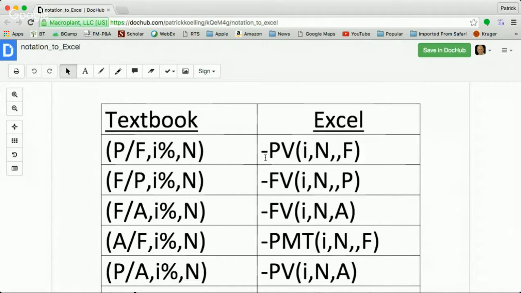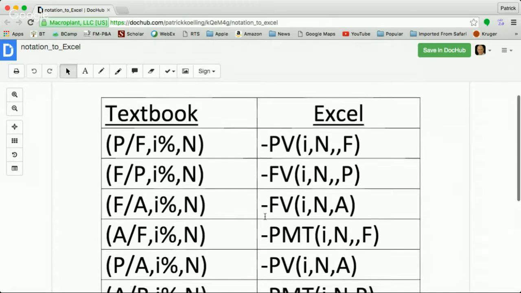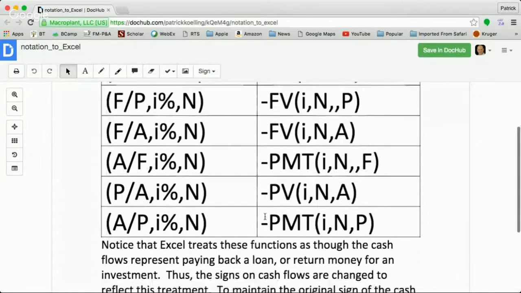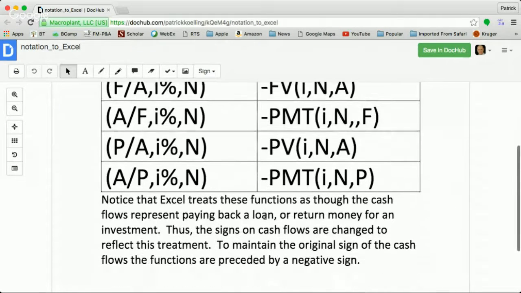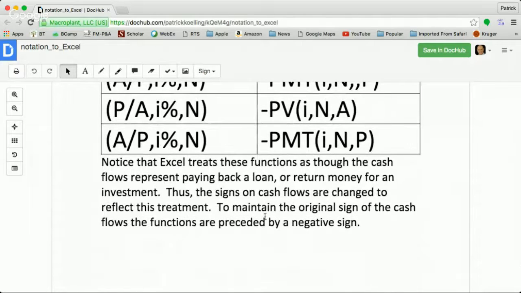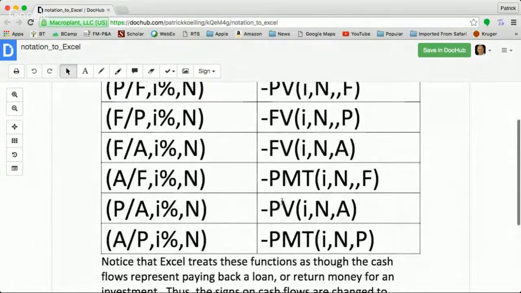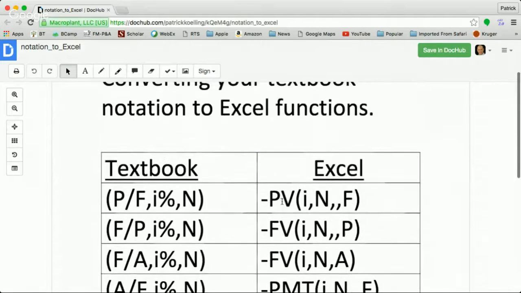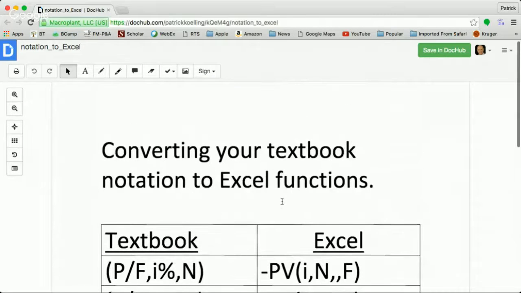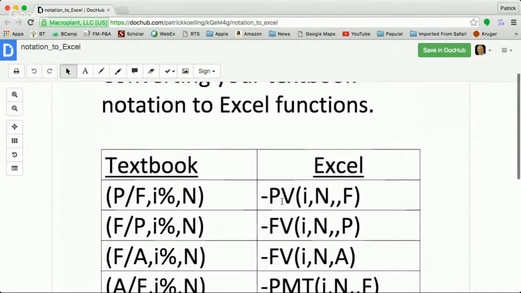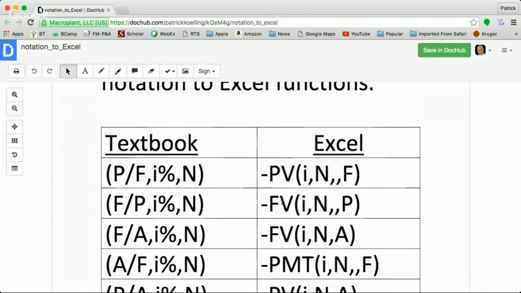Notice in particular, and I'll talk more about this as time goes on, these negative signs in front of some of the functions. I guess all of them here, and this is not all the functions we're going to use, but the negative sign here, and there's a reason for that that I'll discuss when we get to that point.